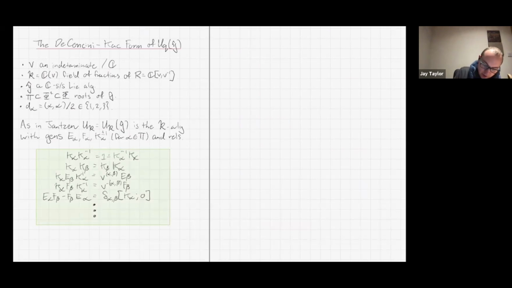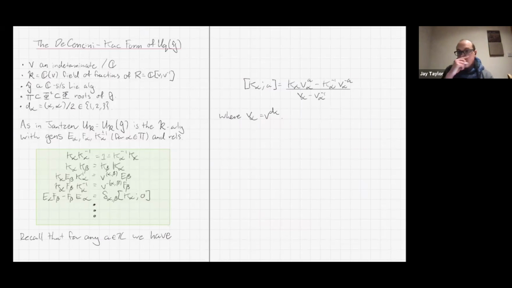Okay, so I use this notation here. Let's just recall that for any a in Z, we have that the bracket of K_alpha and a is K_alpha v_alpha to the a minus K_alpha inverse v_alpha to the minus a, all over v_alpha minus v_alpha inverse, where v_alpha is v to the d_alpha.